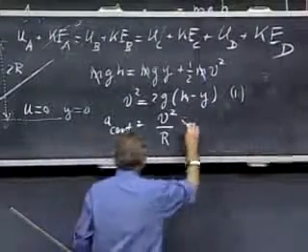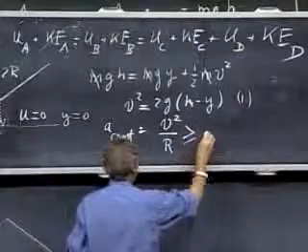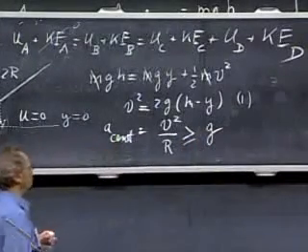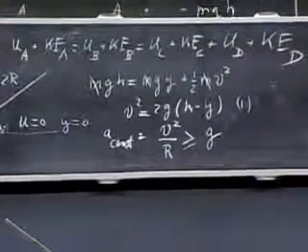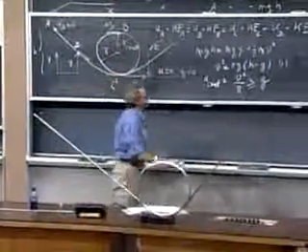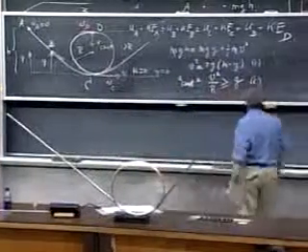And this must be larger or equal to the gravitational acceleration g. If it is not larger, the bucket of water would not have made it to that point D.